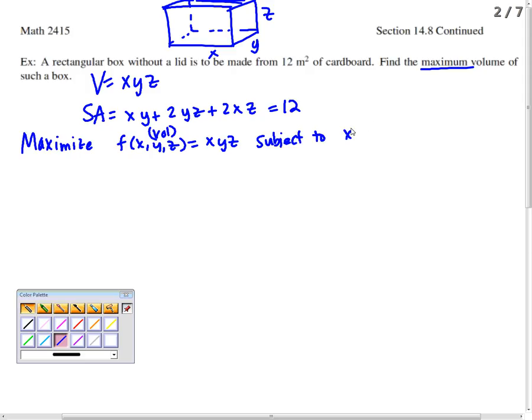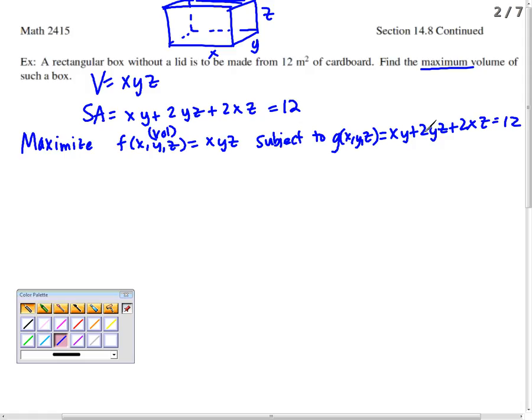Subject to, this is my g of x, y, z, right? And is your k 12? Yes. So I haven't done anything different at this point. I just said, here's my 2 equations. Now let's recognize I'm maximizing this one subject to this one. Okay, so everything is still pretty much the same thing we did last time.